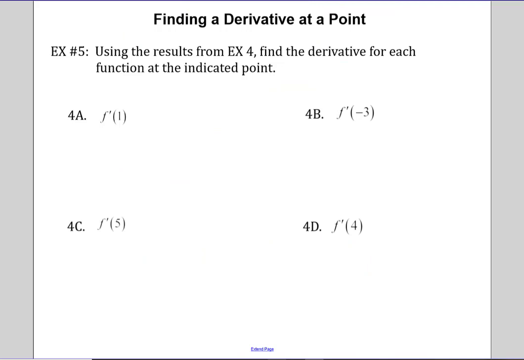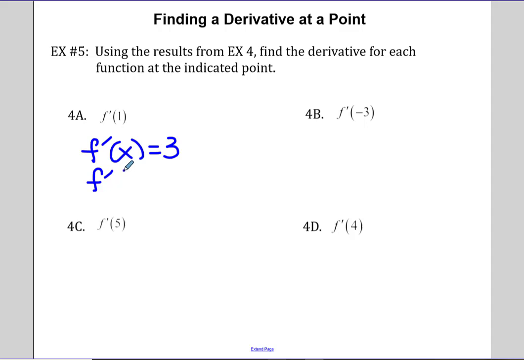In example 5, we want to use those results from example 4 to find the derivatives for each function at a given point. So in 4a, our derivative answer was f prime of x equals 3.